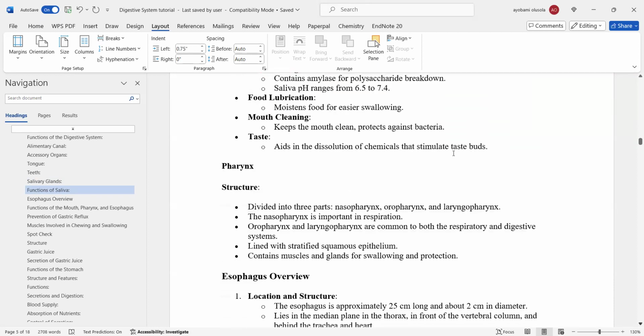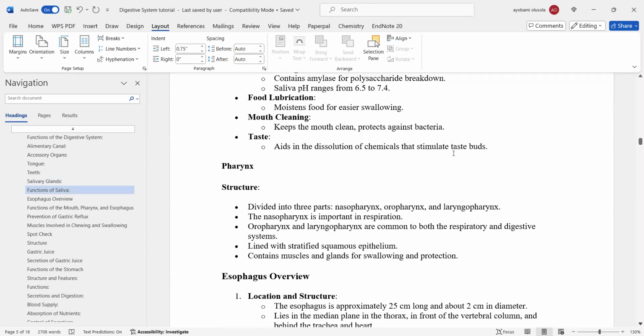So when we move from the mouth, we get to the pharynx. The pharynx is divided into three parts: the nasopharynx, oropharynx, and laryngopharynx. The nasopharynx is important in respiration. Oropharynx and laryngopharynx are common to both the respiratory and digestive systems.